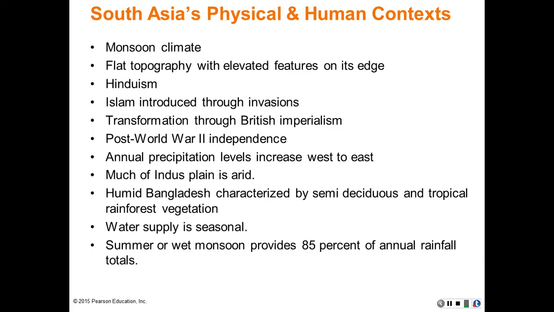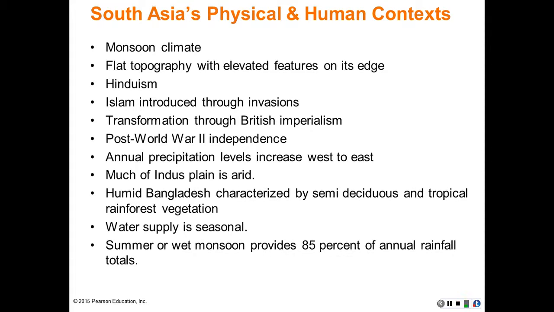South Asia's physical and human contexts. Just as a general beginning of our chapter, let's first mention that this is a monsoon climate. We have a wet summer season when the intertropical convergence zone has moved to the north of the equator. You have a dry season for the most part when the intertropical convergence zone moves south of the equator.